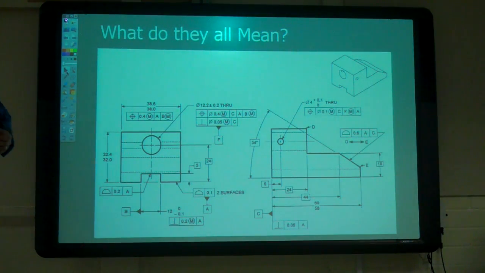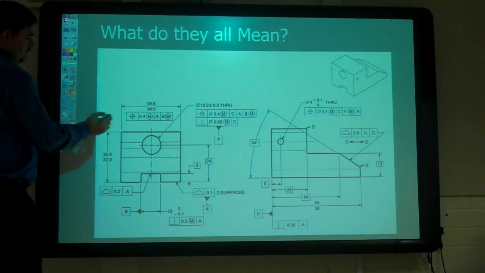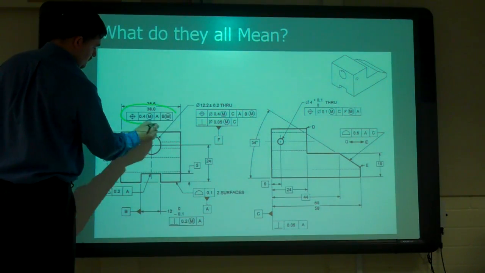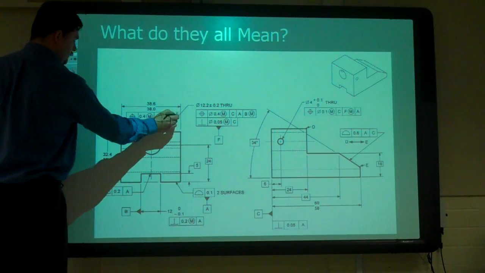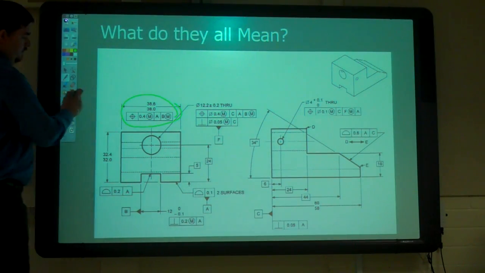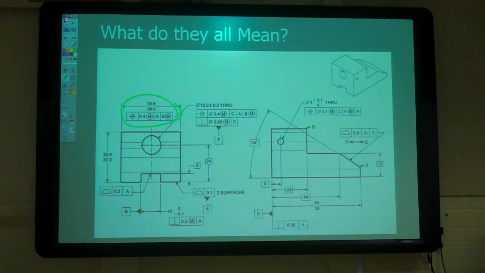So we're back here. So this one has a lot of stuff. Now position. Let's look at position with the perpendicular. Let's look at just that feature control frame right there.